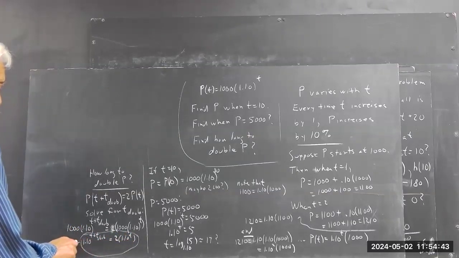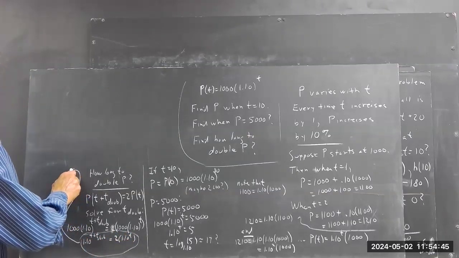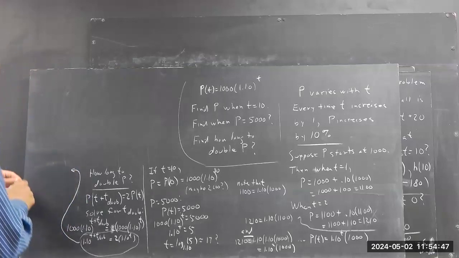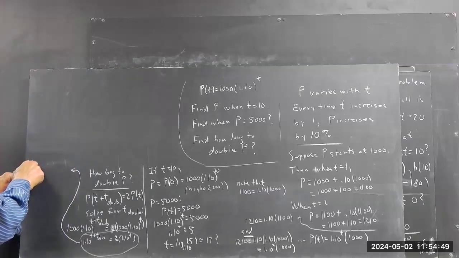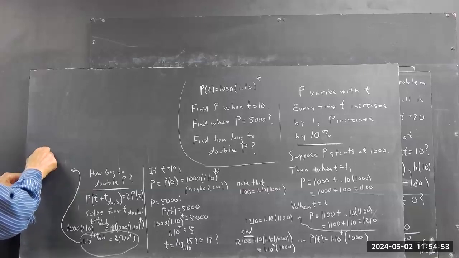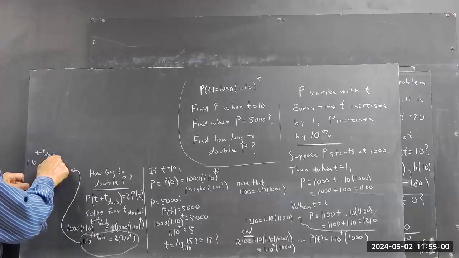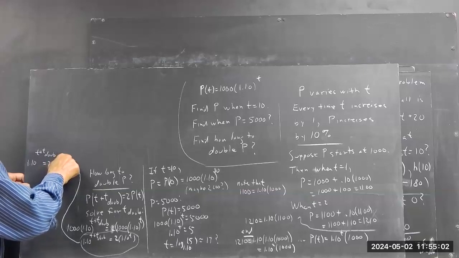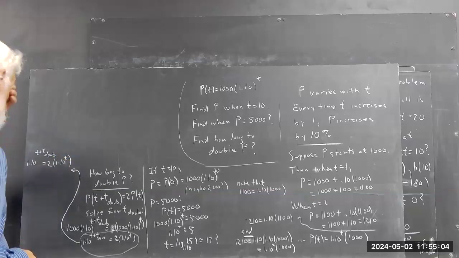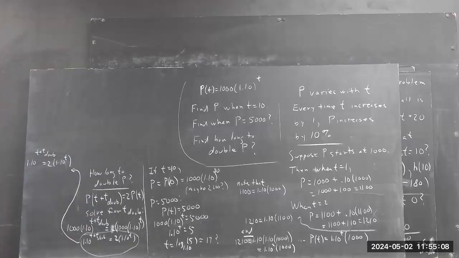Now that equation, I'll write it again: 1.10 to the T plus T dub equals 2 times 1.10 to the T. Now, at this stage, it's not completely obvious how you solve the equation.